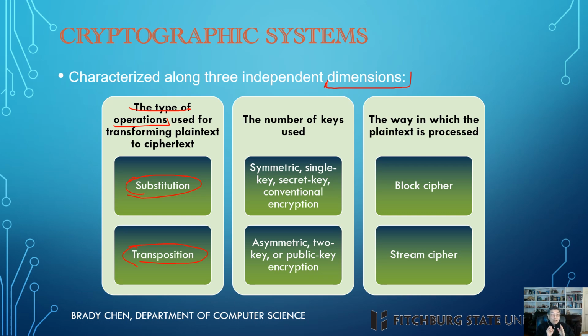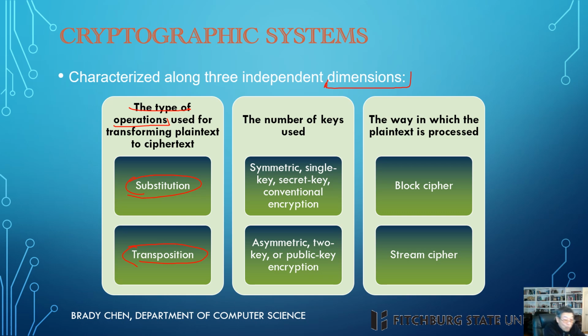Now, in transposition, the elements in the plaintext are rearranged. Basically we reshuffle the original message by reorganizing the characters, and on the decryption side, we just inverse this process and restore the ciphertext into the original message.